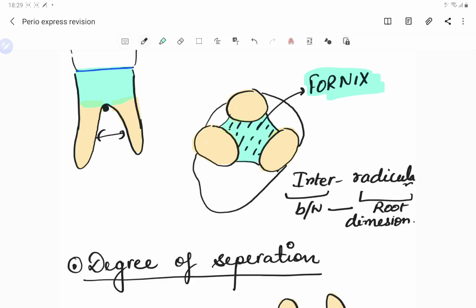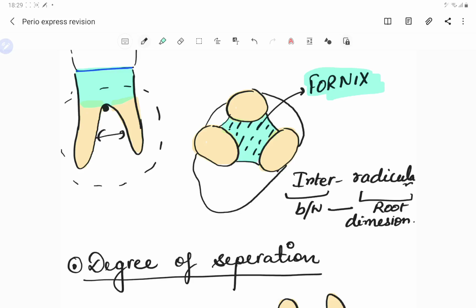But if there are fused roots present, then there is no interradicular dimension. In that case there is no access and no visibility, which makes it difficult to treat the furcation. On the other hand, teeth with widely separated roots give us more treatment options, and they are very easy to clean because there is accessibility, so they can be easily treated.